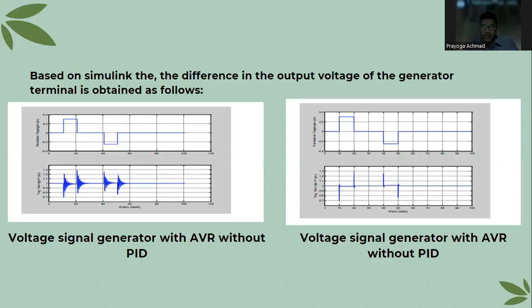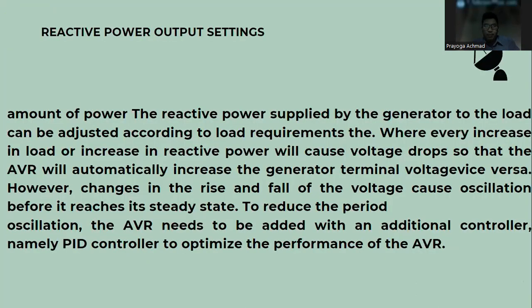Based on this, the difference in the output voltage of the generator terminal is obtained as follows. We can look at this voltage signal of the generator with AVR without PID.